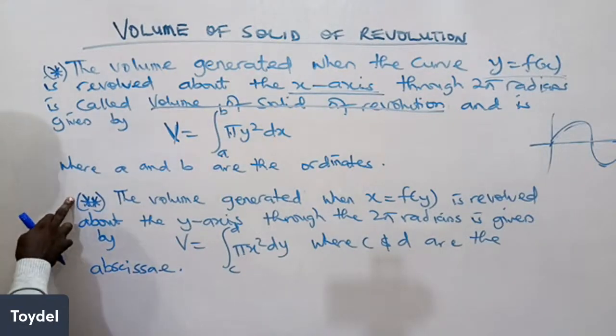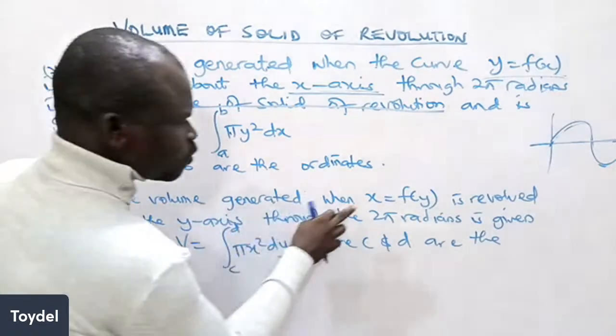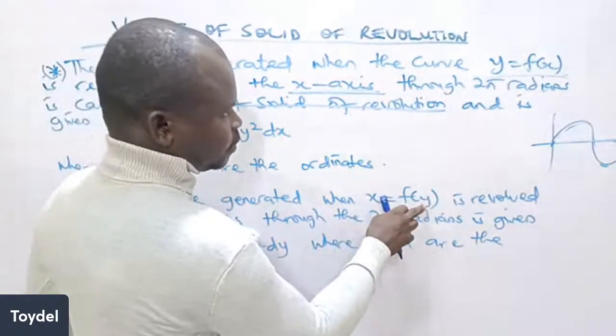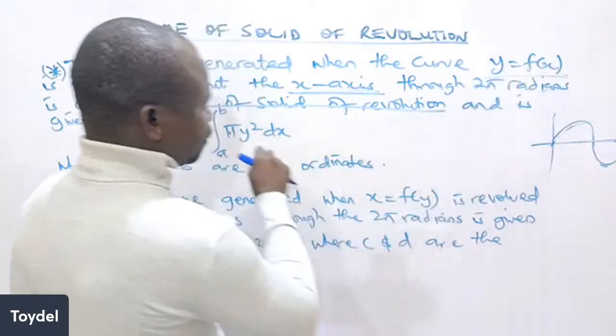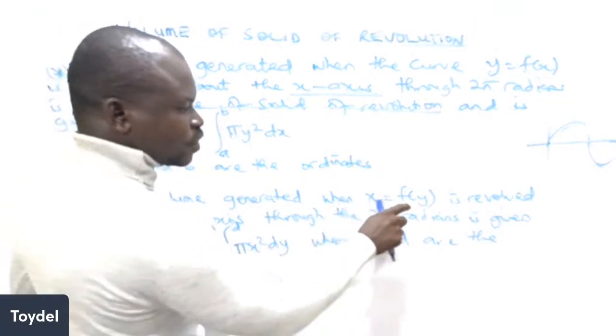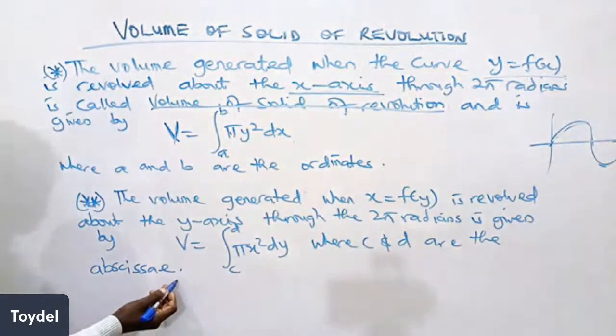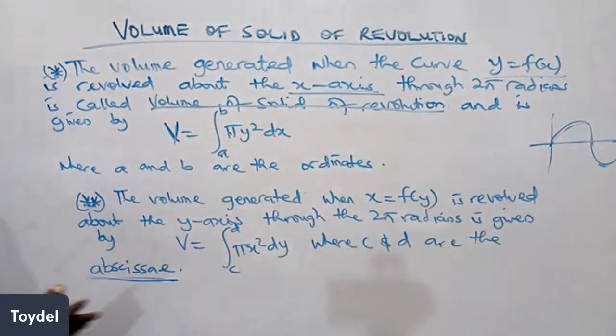But the second case is the volume generated when x is a function of y. In the first case, y is the function of x and we have ordinates. When we now have x as a function of y, we are going to have abscissa. Abscissa is talking about the values of x along the x-axis.